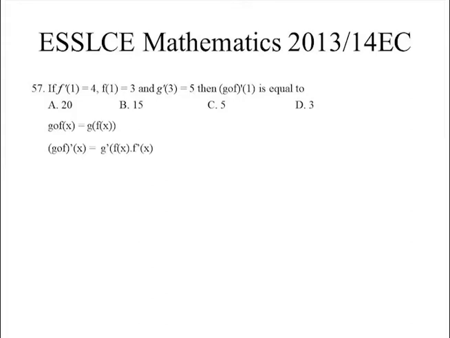By the same analogy, the first derivative of g of f at 1 is equal to the first derivative of g at f of 1 times the first derivative of f at 1, which is equal to the first derivative of g at 3 times the first derivative of f at 1, which is 4. This is equal to 5 times 4, which is equal to 20. So choice A is the right alternative.